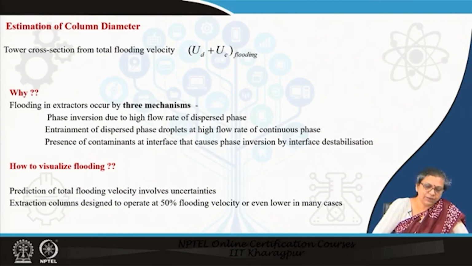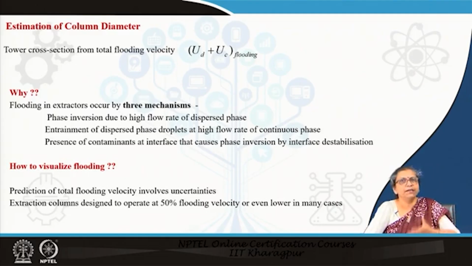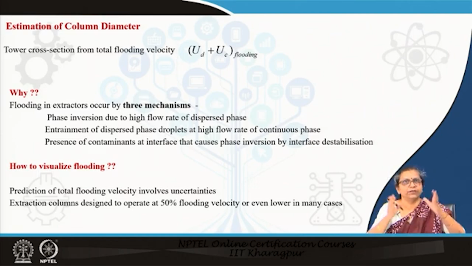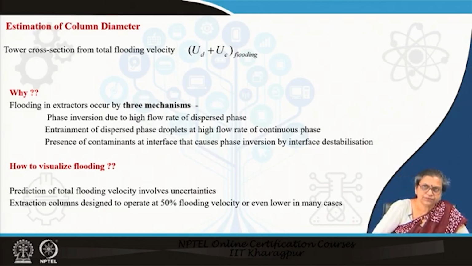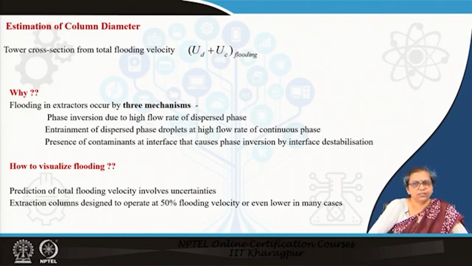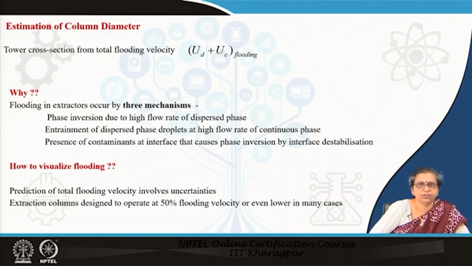I had told you in the beginning of the last class itself that it was basically on the basis of flooding velocity, and we considered the vapor flooding velocity, because under flooding the vapor velocity is high, and as it flows up, it entrains a good amount of liquid, and due to this liquid entrainment, flooding occurs. So, therefore, the vapor velocity is considered, and the vapor mass flux or the vapor volumetric flux is considered, and accordingly the diameter is found out.